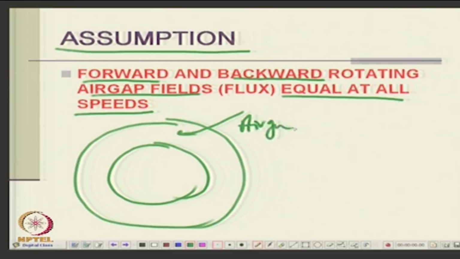In the air gap, what we are assuming is this is the forward field, this is the backward field. I will say this is F, this is B, both are of the same strength, okay.